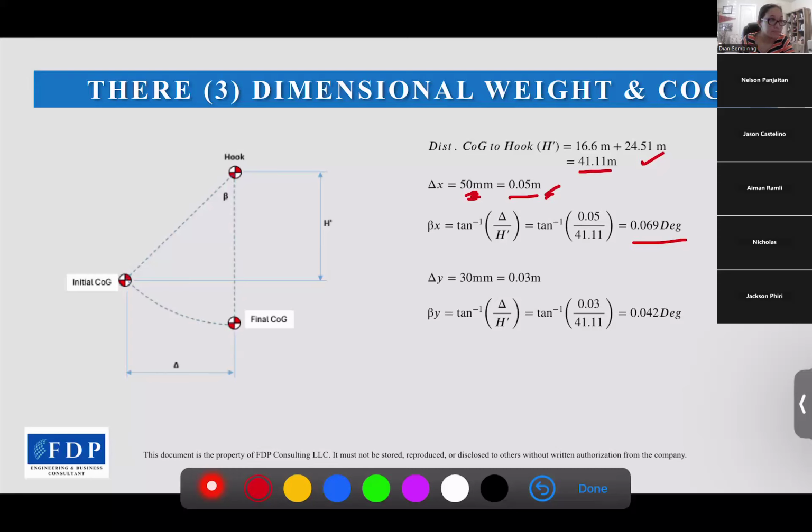But when the COG shifts beyond the allowable distance, then we need to recalculate. I will explain that later. So not every modification needs a recalculation. It would be a waste of time, right?